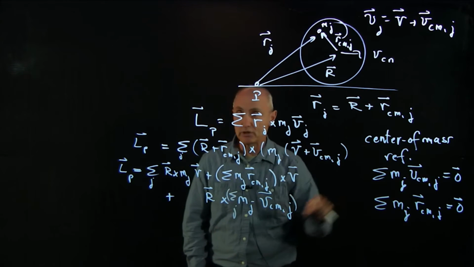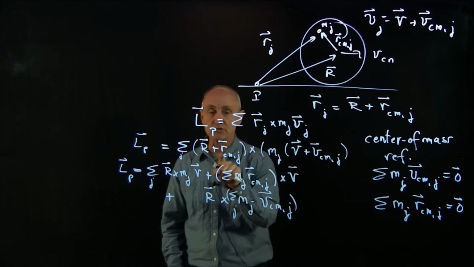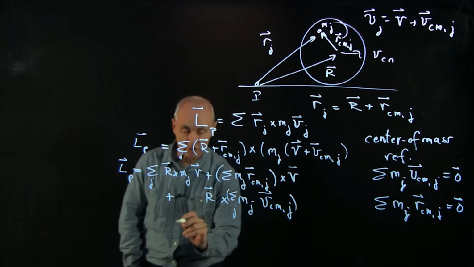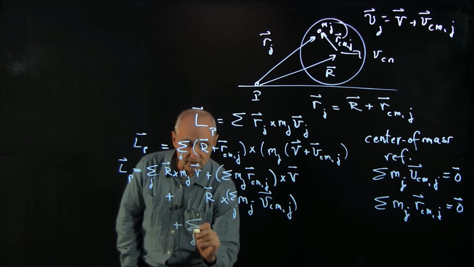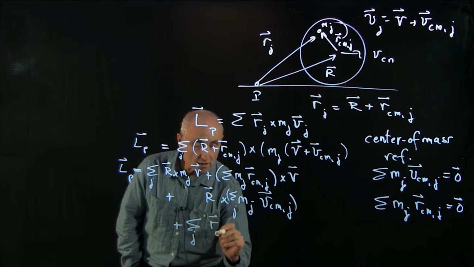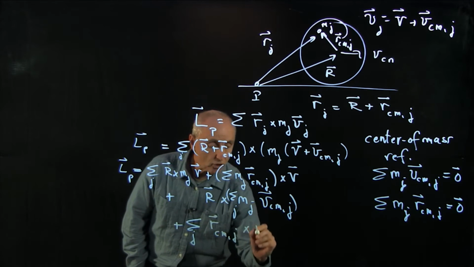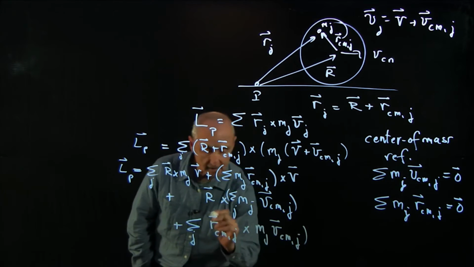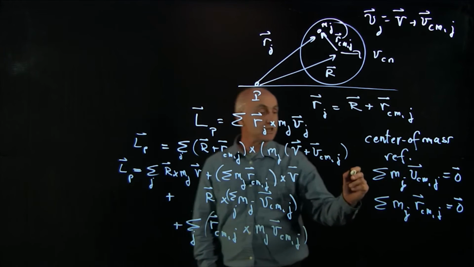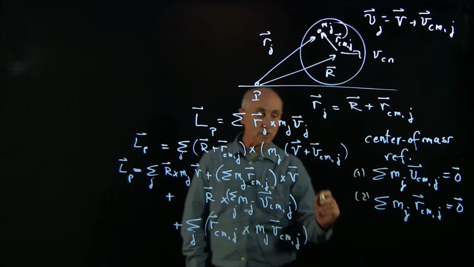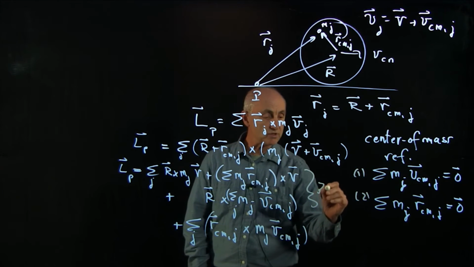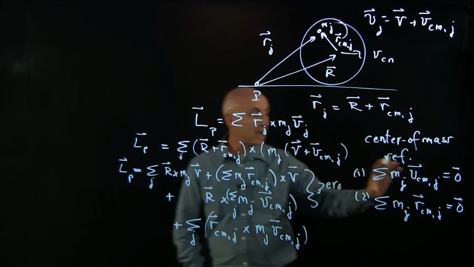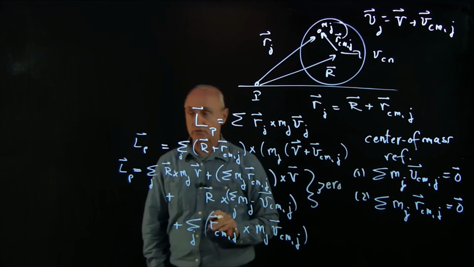And again, you're probably noticing that this term is 0, and our final term is the sum of rcmj cross mj vcmj. Now, from these two conditions, 1 and 2, both of these two terms are 0. And that's the power of using the center of mass reference frame.